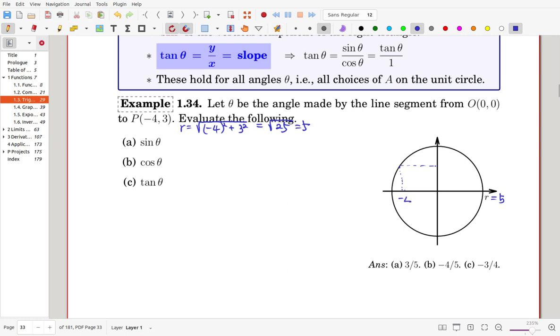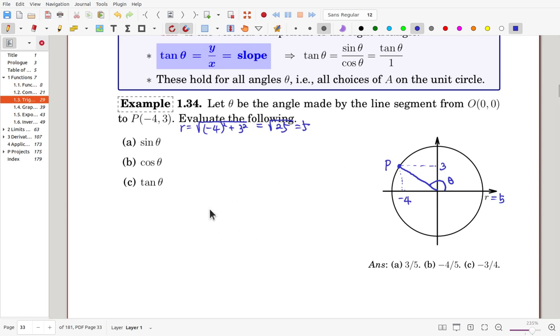The point P has x at minus 4 and height 3. So the angle is this angle, theta.